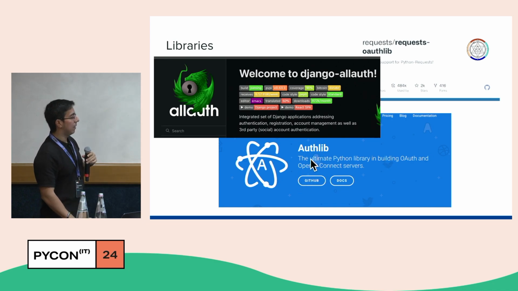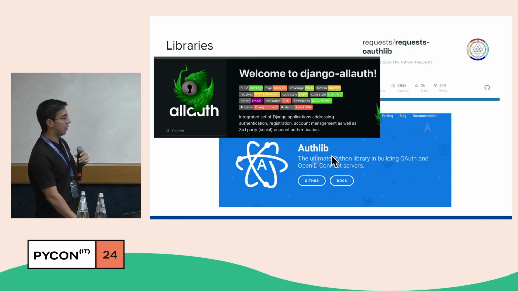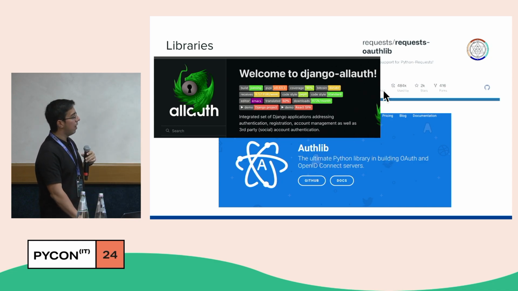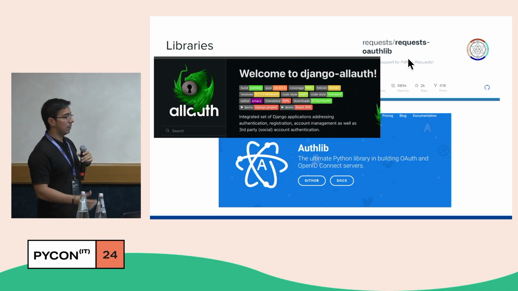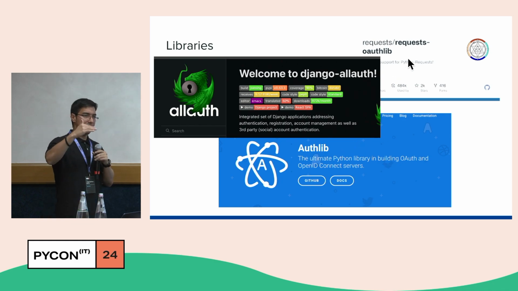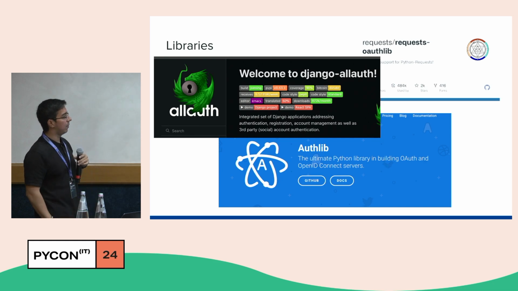It implements the protocol, and it also has its own identity provider. And requests-oauthlib is a wrapper on top of the requests library that is used for this OAuth2 authorization and authentication. You just specify the credentials, the client ID and the client secret, and then it will automatically perform the request with the library.